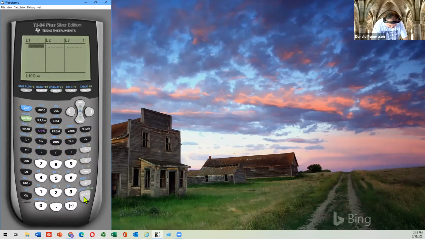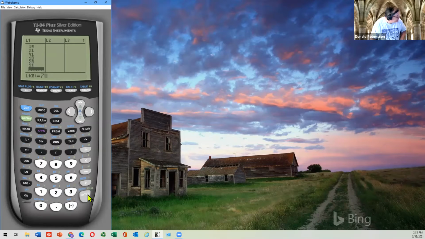So I'm now going to type in all the ages, starting with me, 65. Then I did a 19. Then I did 31, 41, 18, 28, 32.